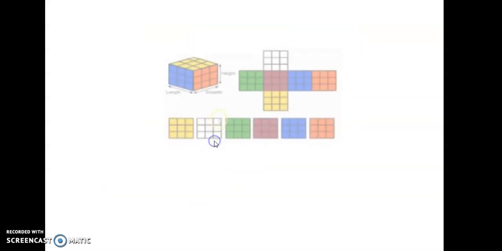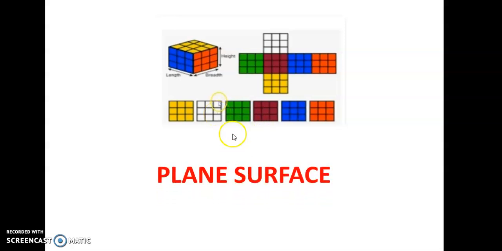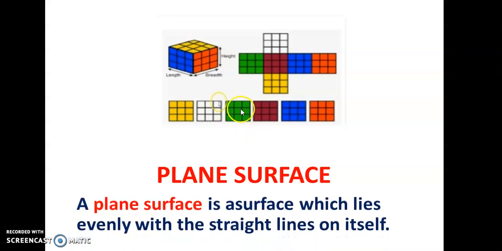Okay. Shall we move to his last definition, that is a plane surface. Here you are observing plane surfaces. A plane surface is one which lies evenly with the straight lines on itself. So this is the last definition of Euclid.